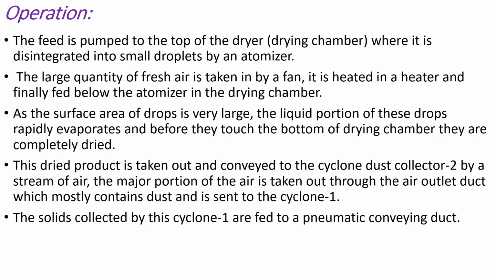Atomizer converts liquid into tiny droplets, then hot air will be subjected to it, and rapid drying will occur. Then the collection of the product will occur at the bottom of the chamber, and exhaust air will be removed through the outlet.